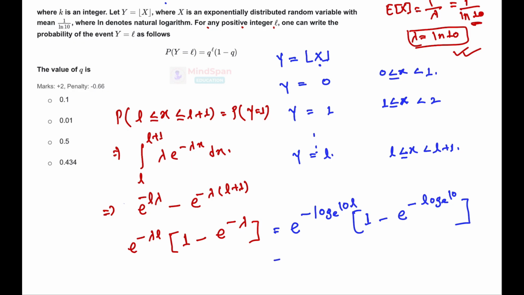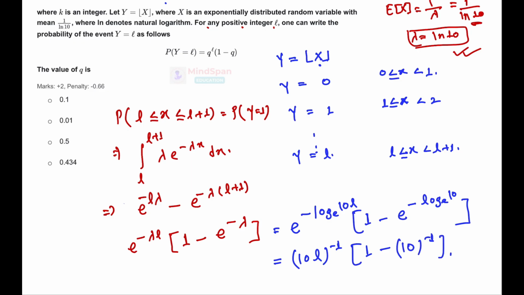So this will be equivalent to, so you can make use of the property of the logarithm, so that will be equal to 10 to the power minus lambda l, right? And here we will have 1 minus 10 to the power minus 1.